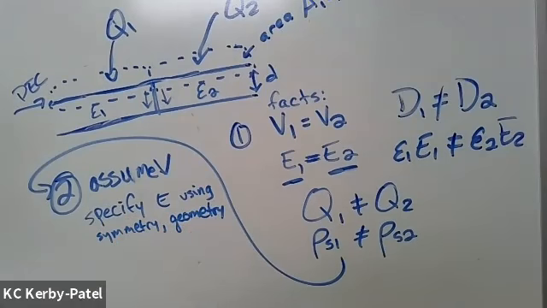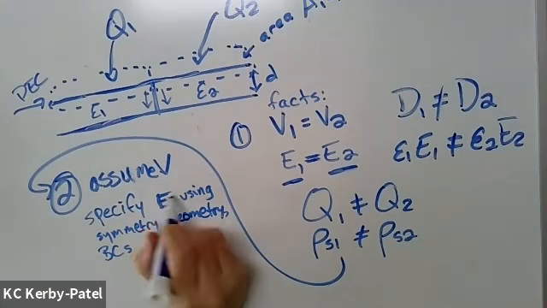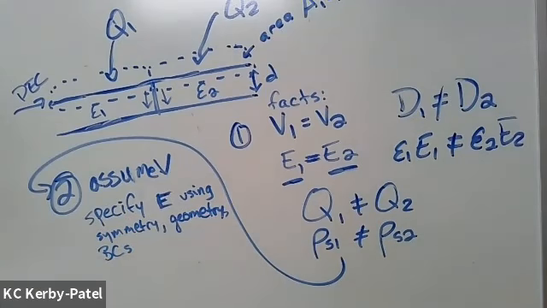So I'm using the symmetry of the problem, the geometry of the problem, and the boundary conditions to say what direction the electric field is going to point, and the fact that it's going to be uniform all the way through, right?